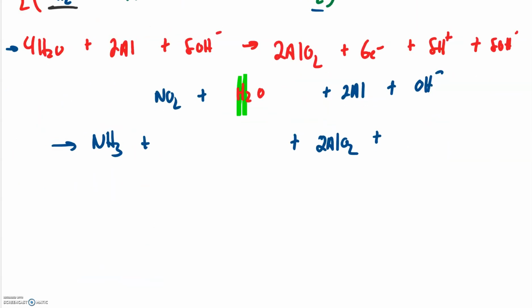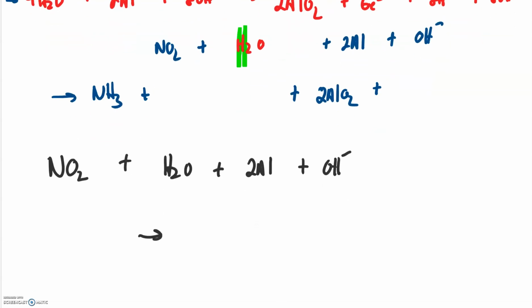So our final equation, NO2 plus H2O plus 2Al plus OH minus. And on our product side, NH3 and 2AlO2. Let's see what we get.